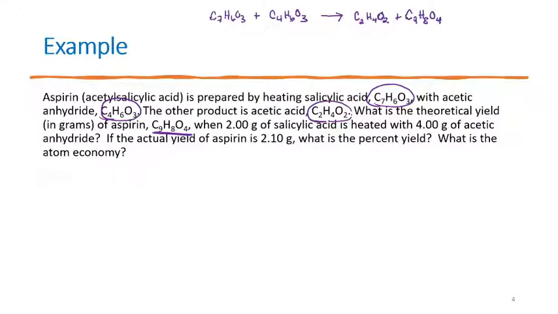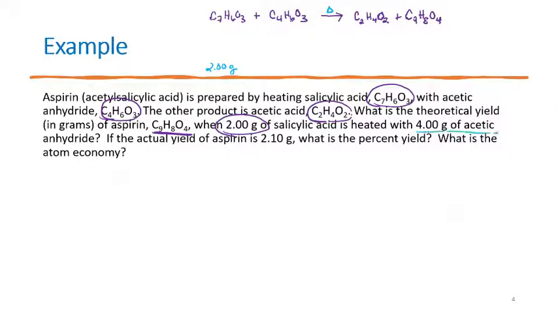I apologize, my regular pen for my laptop stopped working. And so I want to know, if I react 2 grams of salicylic acid, so 2 grams of this, and this is heated. For heat, we put a little triangle symbol over the arrow. It just means heat.